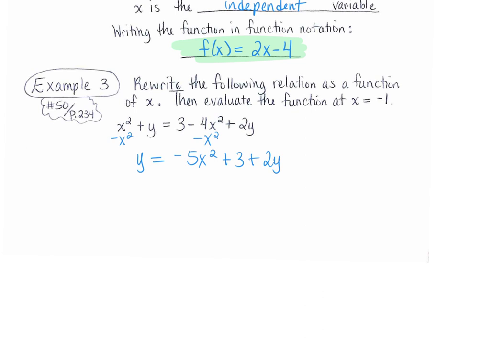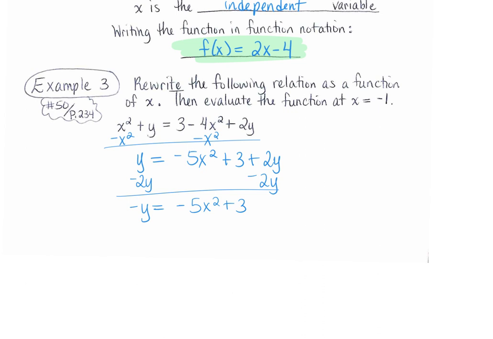So now, what do we want to do? Subtract 2y to get negative y equals negative 5x squared plus 3. Good. And now what?